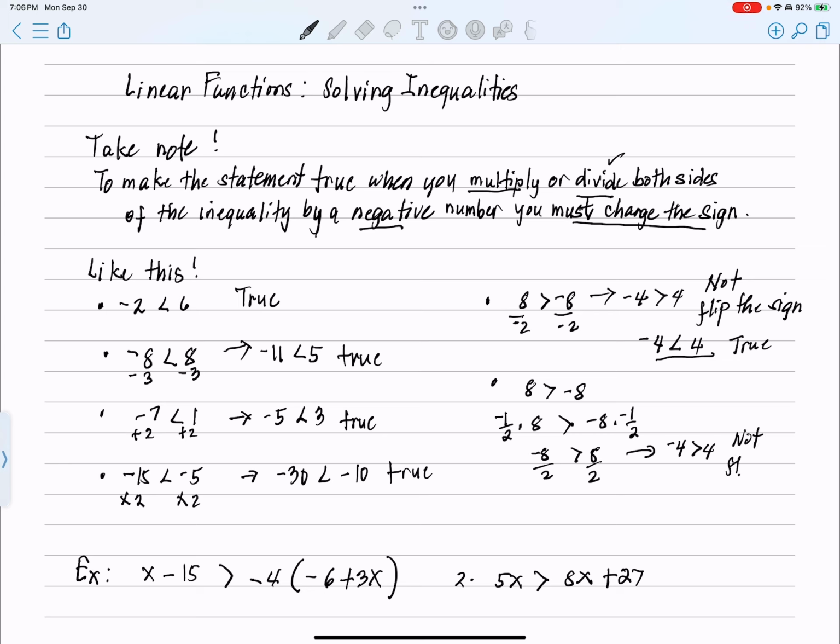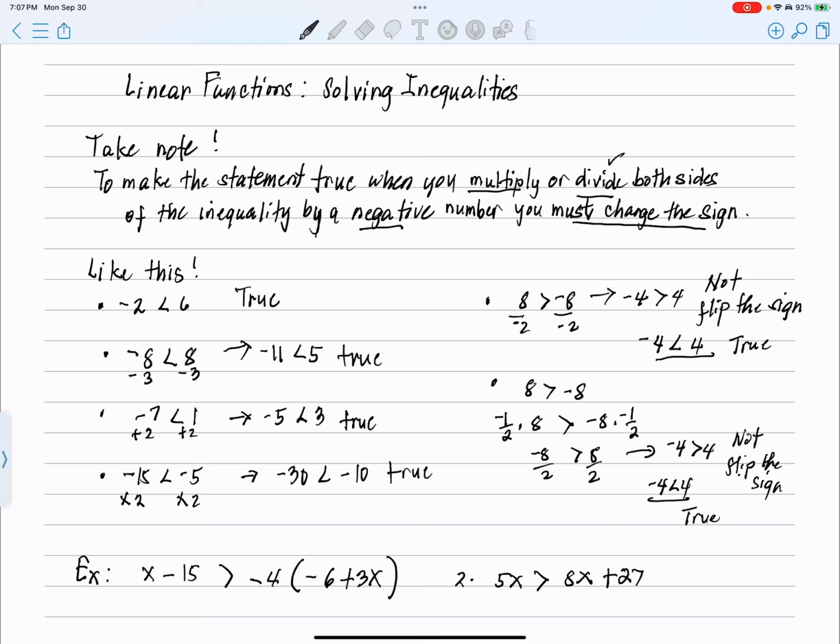Well, what are we going to do? We flip the sign, right? By making the greater into less than to make the statement true. Okay, this is what we mean by changing the sign or flip the sign when you multiply or divide the inequality by a negative number, dividing both sides.